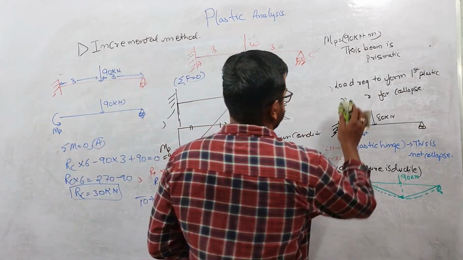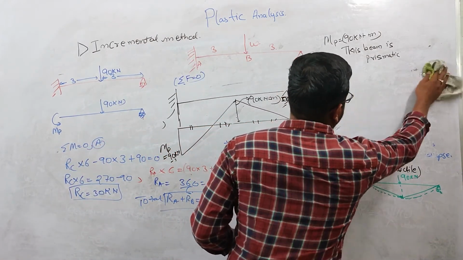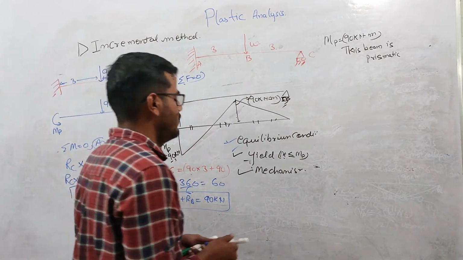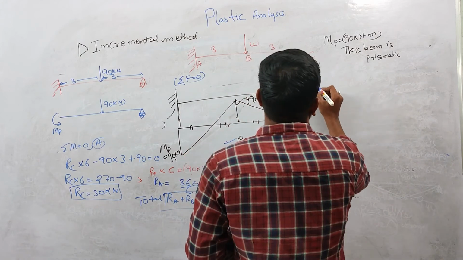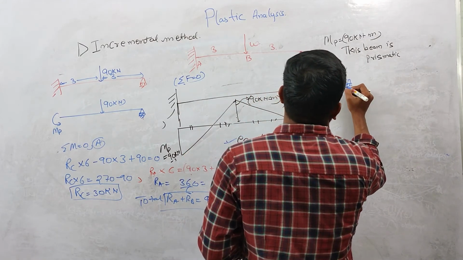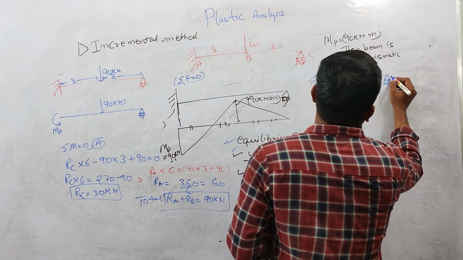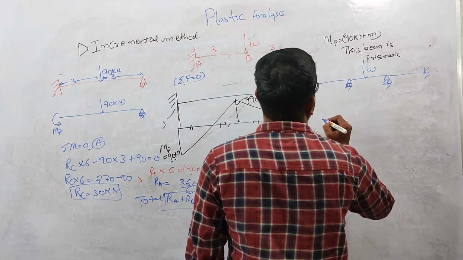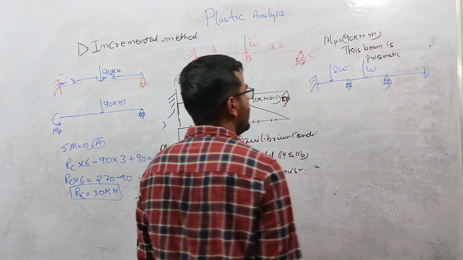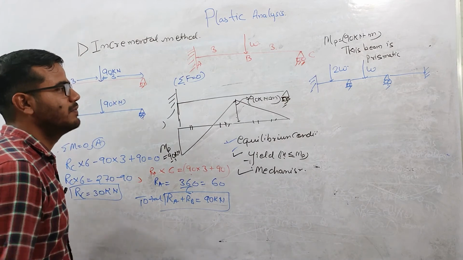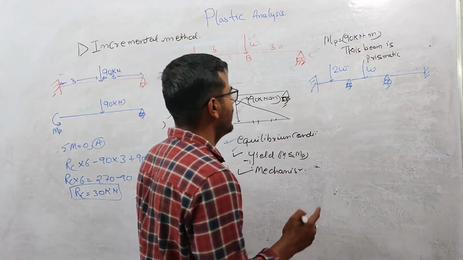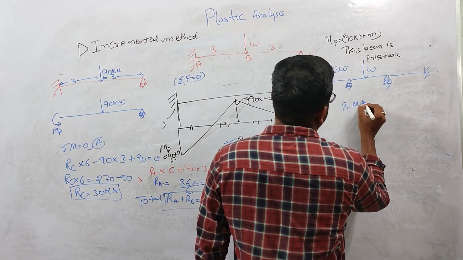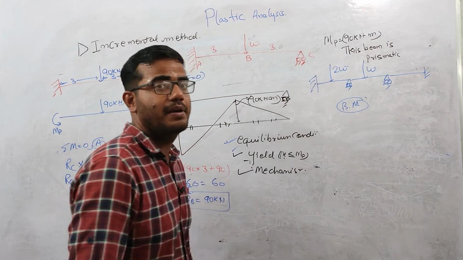But if you have a structure whose static indeterminacy is very high, suppose you have a structure like this, with one load W applied here and 2W applied over here, and you need to calculate the collapse load of this beam. For that, you first need to analyze the bending moment and draw the bending moment distribution. Drawing the bending moment distribution of this structure is a little bit tough, right?